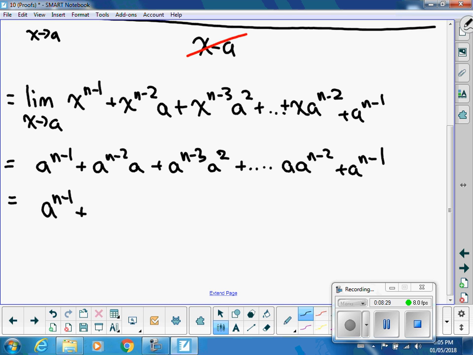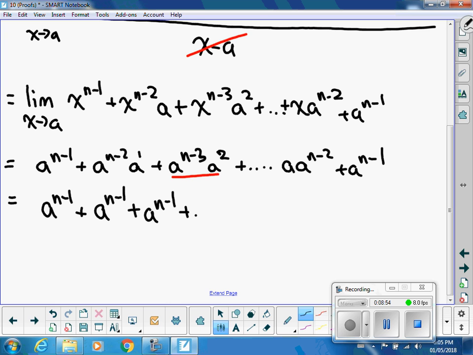I have a to the n minus 2 times, really, a to the 1. So I add those exponents together: n minus 2 plus 1. So I'm back to n minus 1. The next one, I have n minus 3 and then plus 2. Well, that's also going to give me n minus 1.